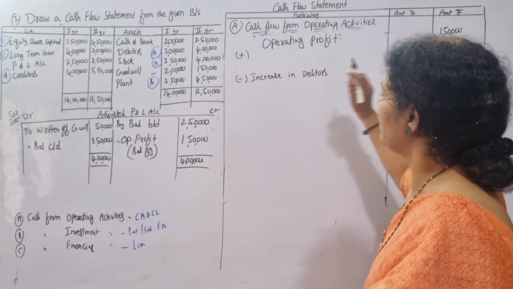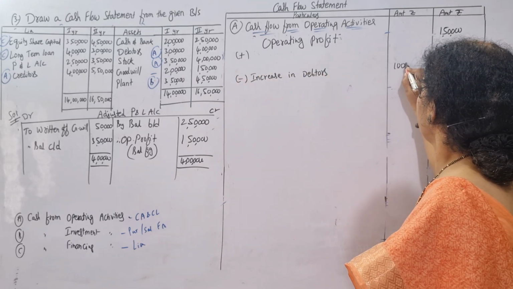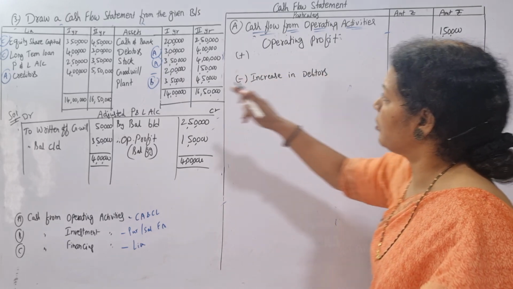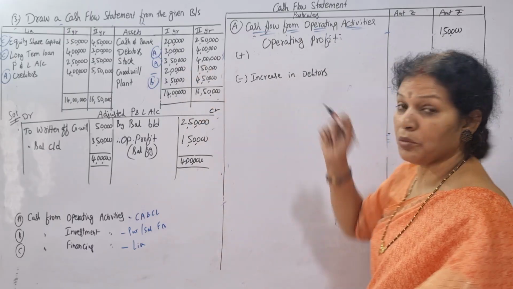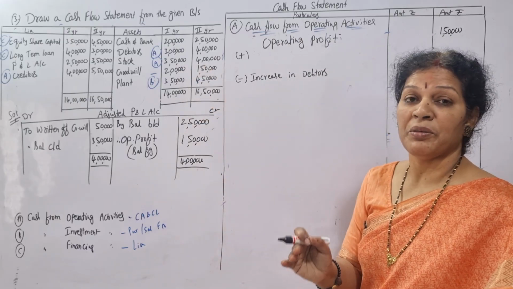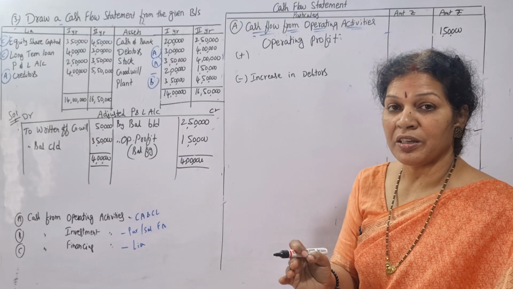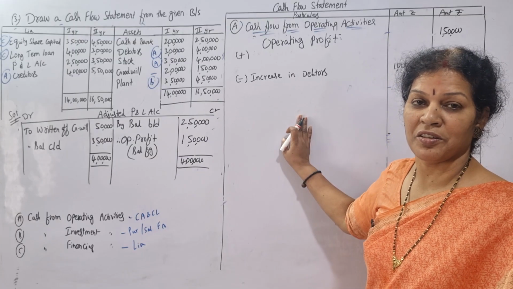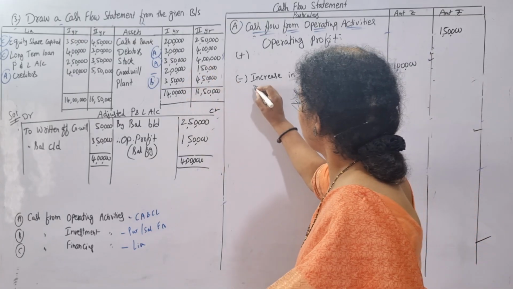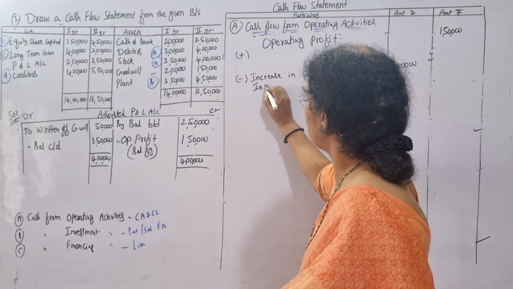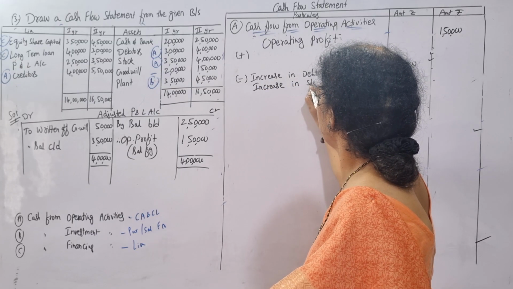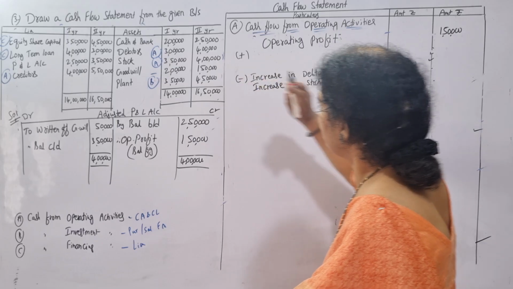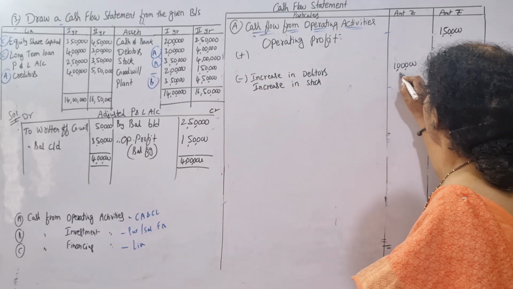How much is it increasing? 1 lakh. Deduct it. And also stock. Stock is also increasing. So always remember, any current asset increasing means deduct. Increase in stock, this we will also deduct. How much is it? 50,000 it is increasing.